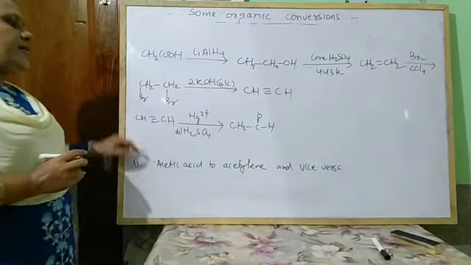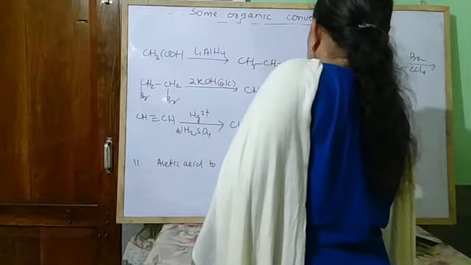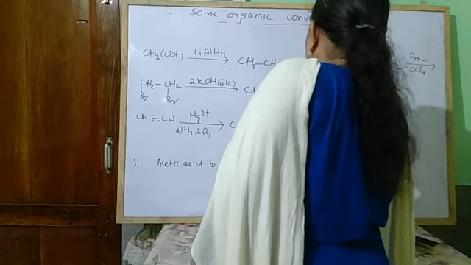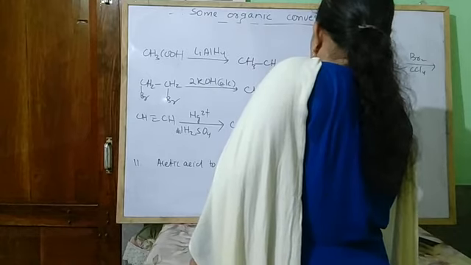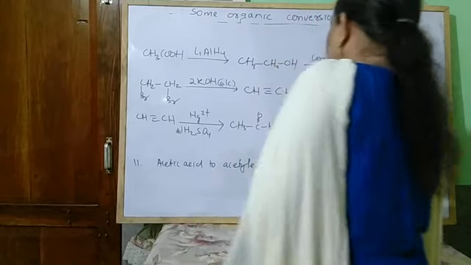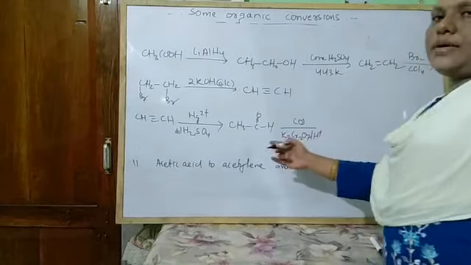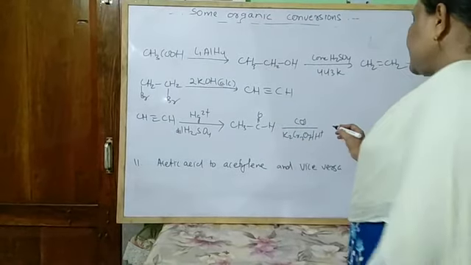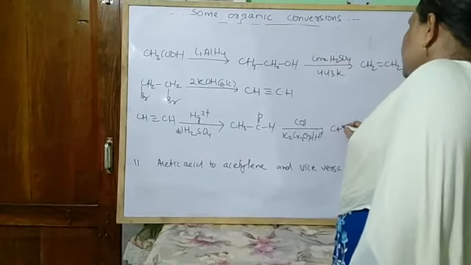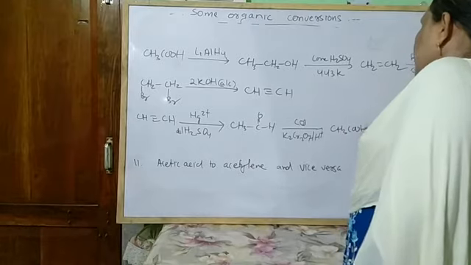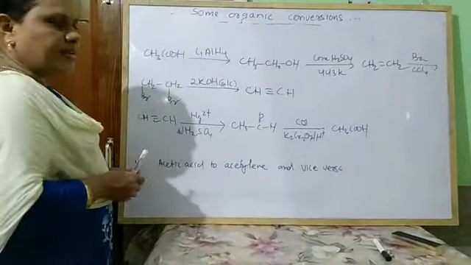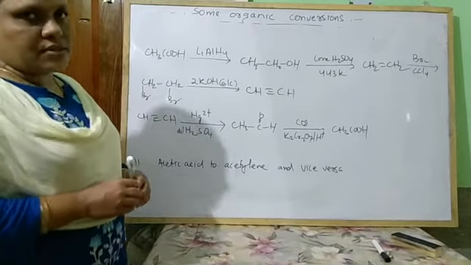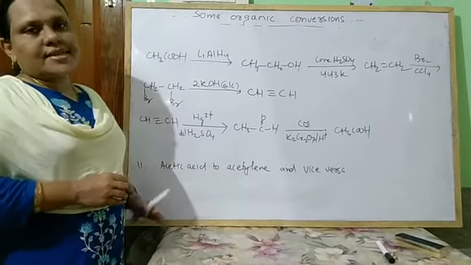And when acetaldehyde undergoes oxidation by potassium dichromate, potassium permanganate, or Tollens reagent, it gives acetic acid.